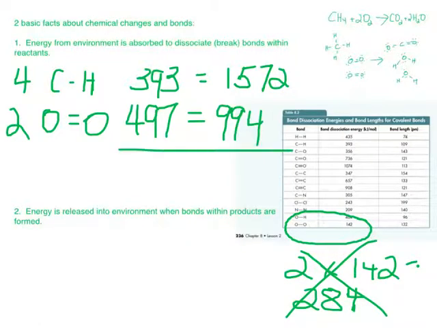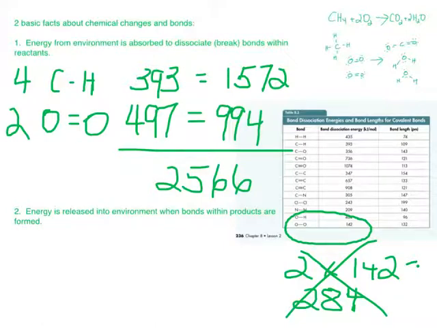So the total amount of energy needed to break all the bonds to make this reaction possible is 1572 plus 994. So in other words, 2,566 kilojoules per mole.